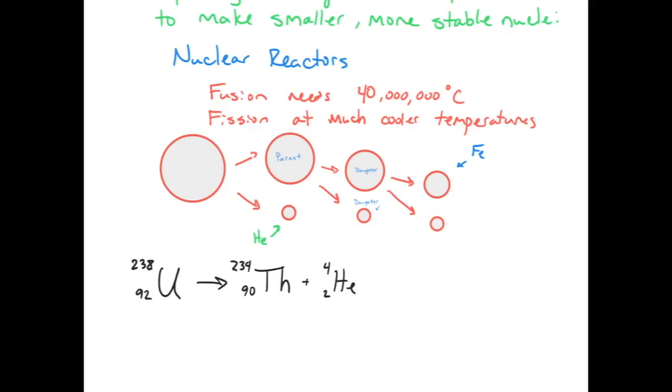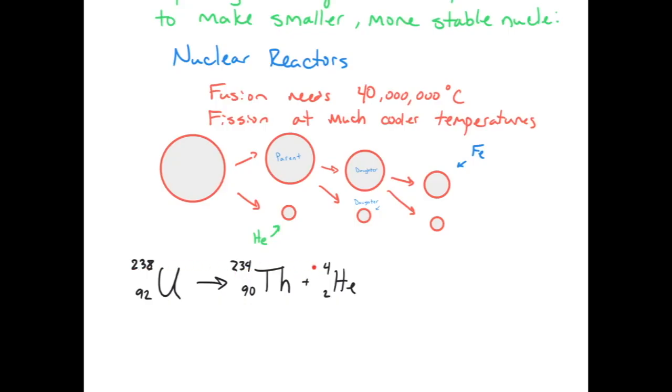Notice once again the atomic numbers down here, the bottom numbers, 92 splits up into 90 plus 2, so we don't lose any protons. And the mass, which represents the number of protons plus neutrons together in the nucleus, goes from 238 down to 234 plus 4.